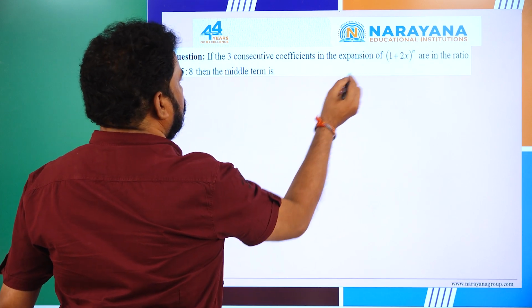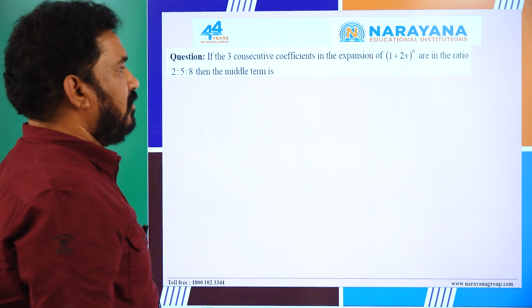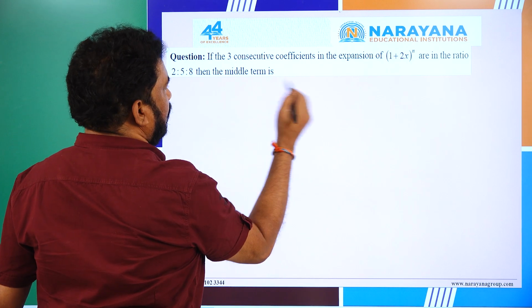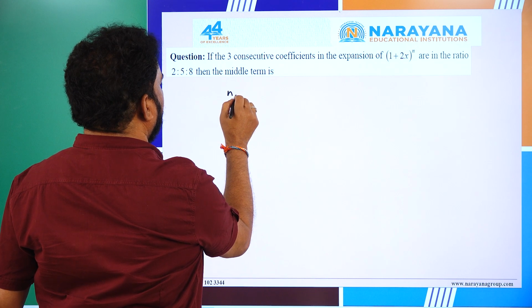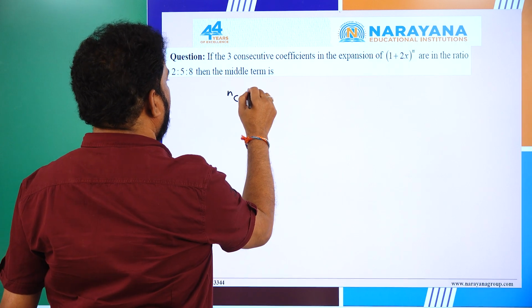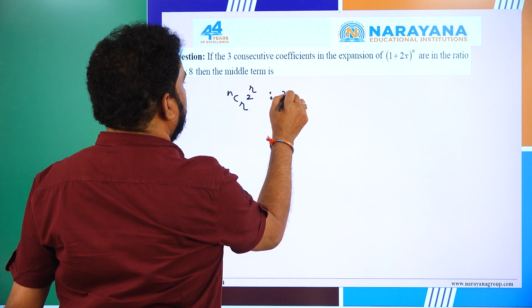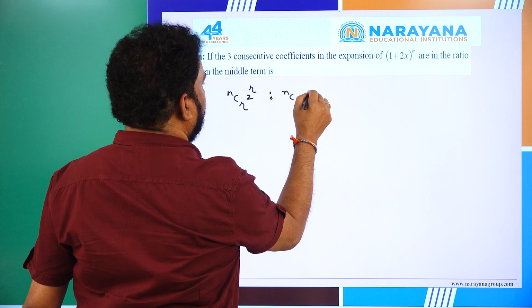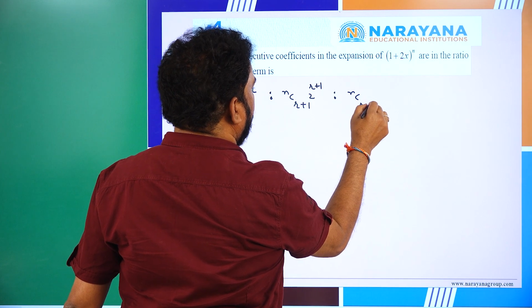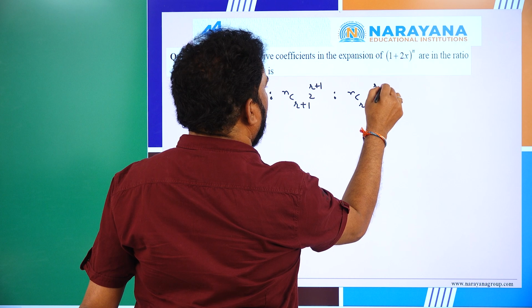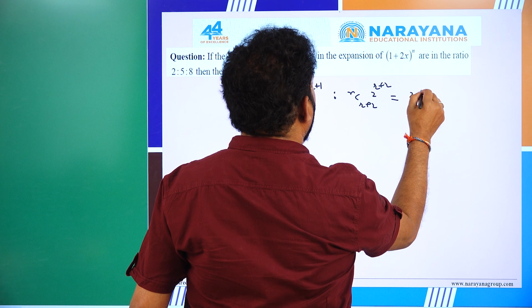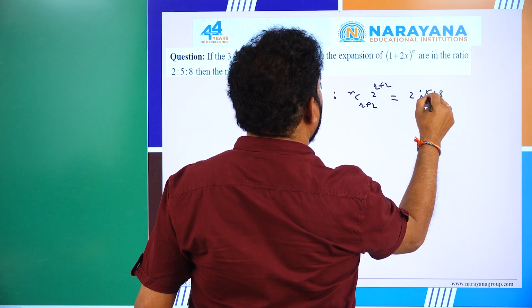So the general term is given as nCr (2x) power r. Taking consecutive terms in order, nCr 2 power r is to nC(r+1) 2 power r+1 is to nC(r+2) 2 power r+2. So this is given as 2:5:8.